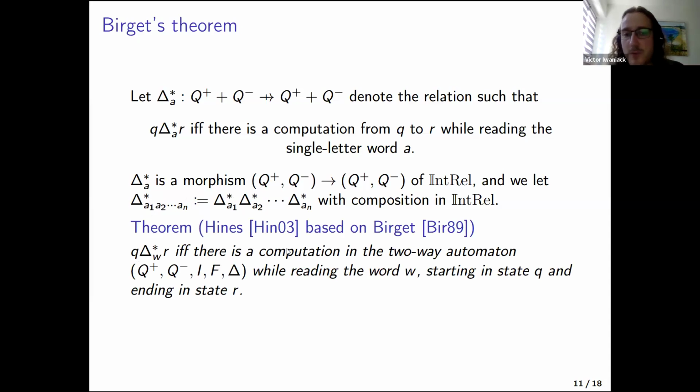But the theorem of Birget tells you that it's really the behavior you expect from the machine, okay? And I'm citing Heinz here because I think he was the first one to understand that what Birget was doing, like only in automata theory, was actually the composition in this category Intrel.